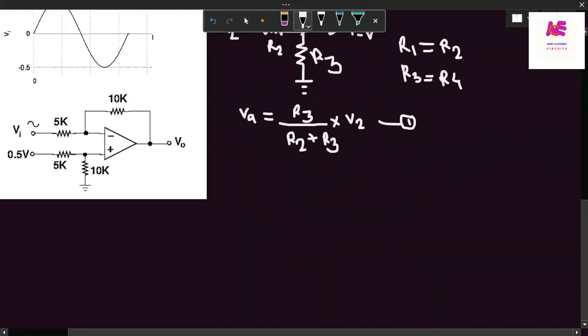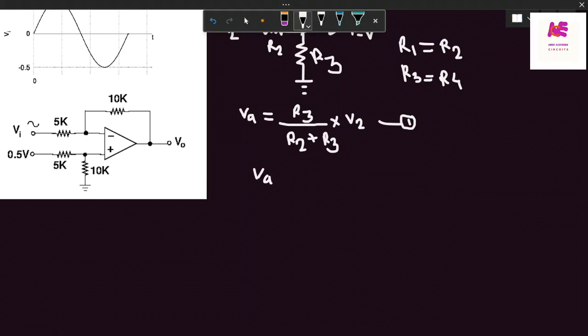According to the virtual ground concept, VA is equal to VB, which means that the potential VA at the non-inverting terminal is the same potential maintained at the inverting terminal, VB, and therefore VA is equal to VB, maintaining the steady reference potential without connecting to each other.